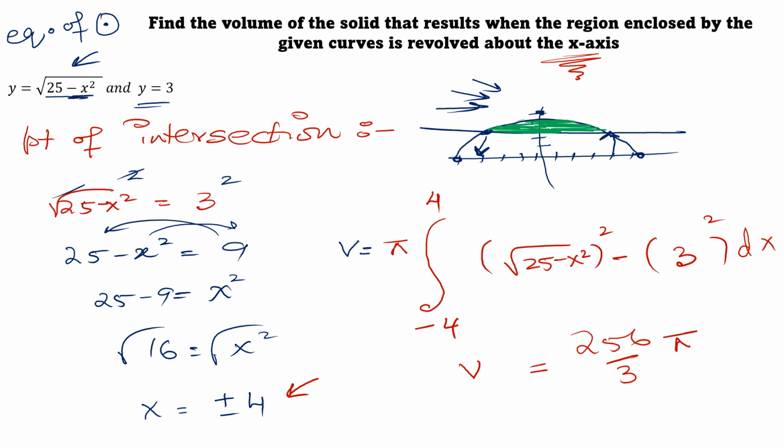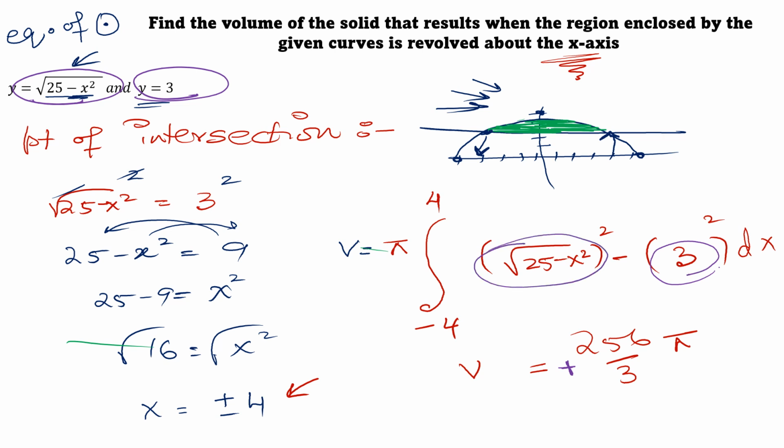If you don't have a graphic calculator and you don't have the vision or you don't realize that this is the equation of the curve, or you don't want to waste your time in graphing, just simply write the first function minus the second function, get the answer. If the answer is positive, then you are good to go. But if you are getting a negative answer, then simply interchange the places of your functions.